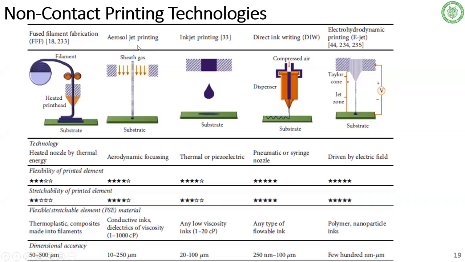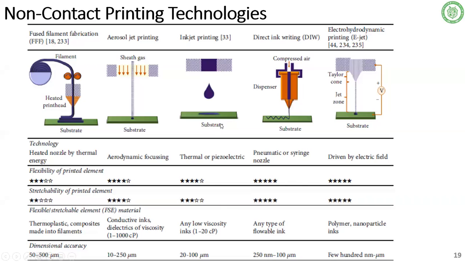Now, aerosol printing is a relatively new technology. It has some limitations as shown, and the feature size can be 10 micrometer to 250 micrometer. The normal inkjet printing, I will discuss that later also. It can be a thermal printer or a piezoelectric printer.